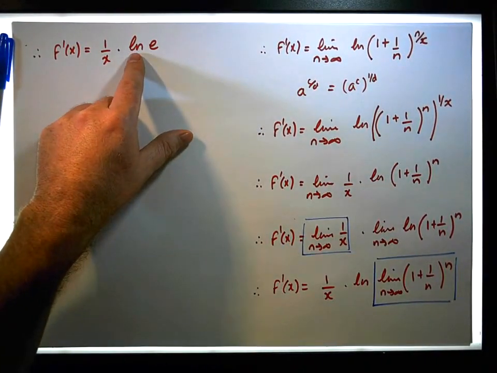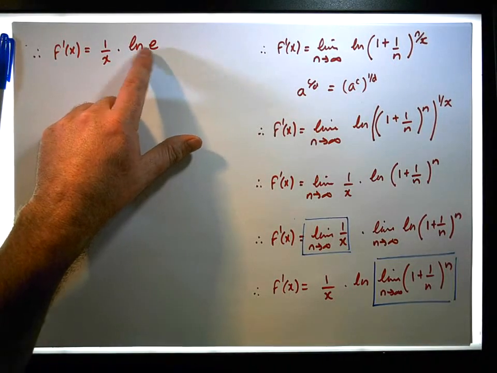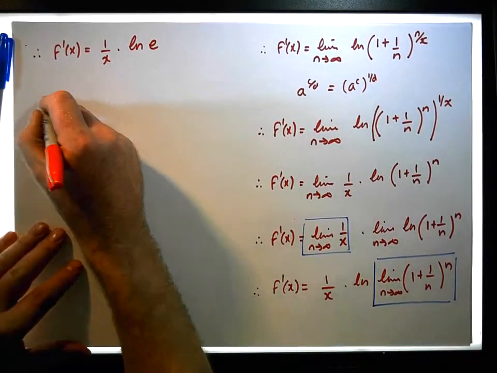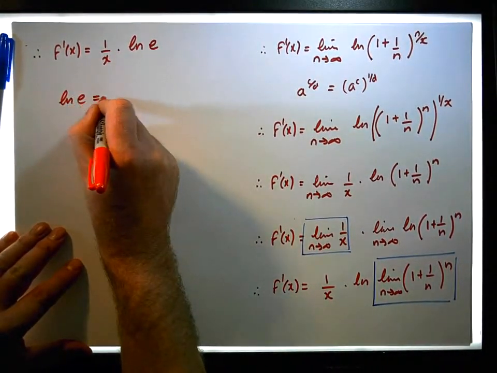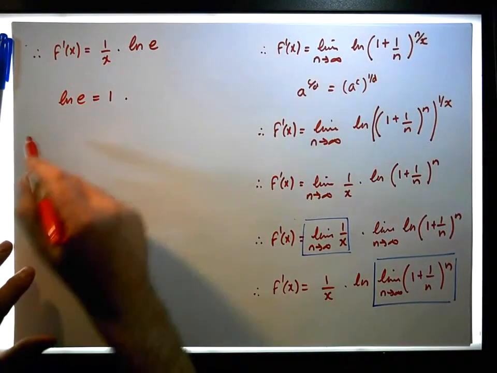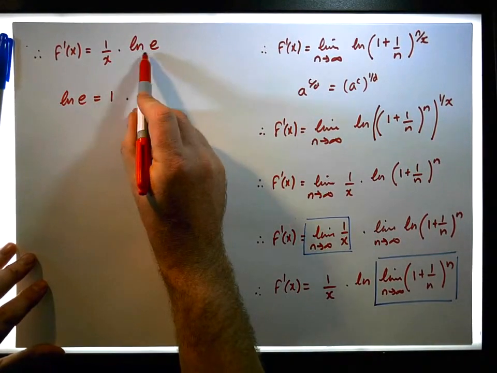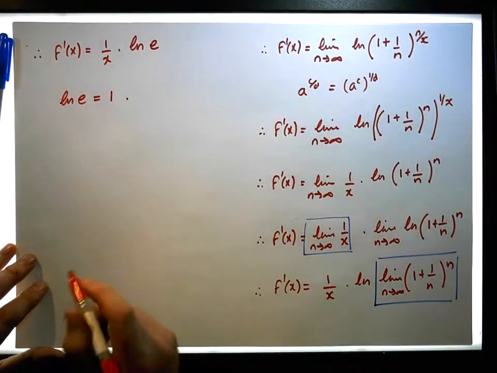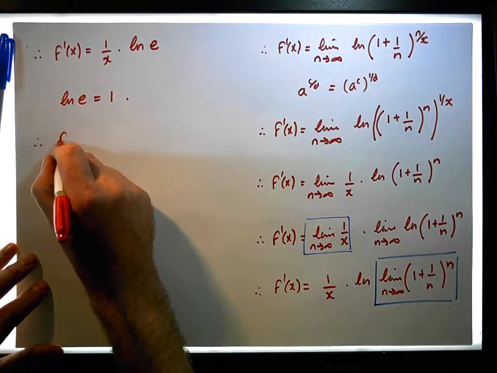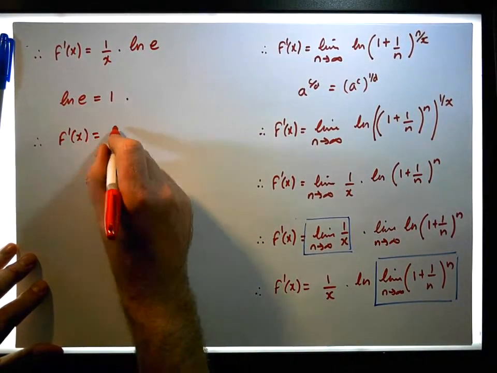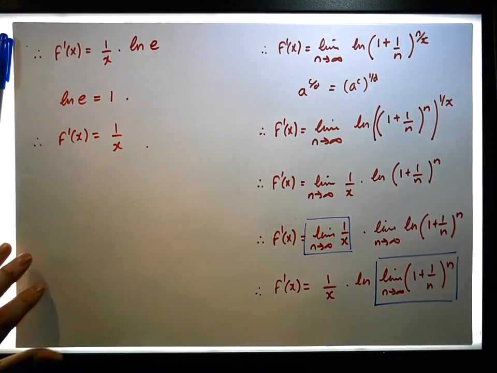So the ln of e is simply equal to 1, from our definition of ln and our definition of e, where the ln is assumed to be to the base e. Therefore, f prime of x is equal to 1 over x. Voila.